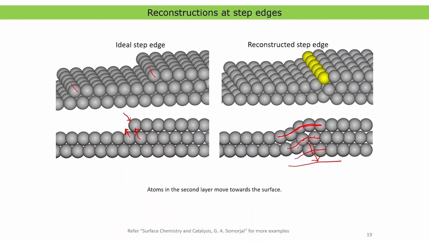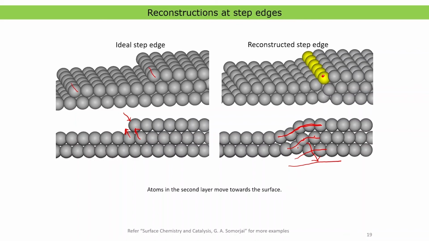Nonetheless, you can see here that these atoms are more exposed to the reactant atoms, and therefore, even when reconstructed, high index surfaces would always remain reactive. But the reconstruction reduces their reactivity to a lower extent, and therefore the surface would remain closer to an ideal surface.